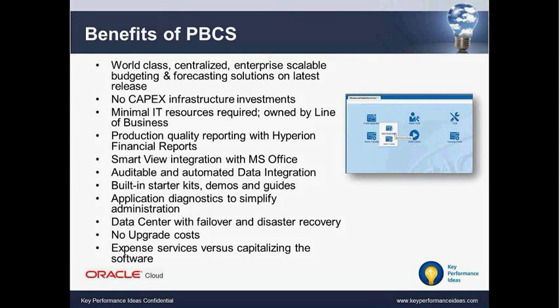It also comes with data integration built in to make that a little more automated. There are also starter kits, demos, and guides all built in online, and some built-in diagnostic capabilities. What's nice about being in the cloud is they have their own failover and disaster recovery, and they back that up on a daily basis for you.